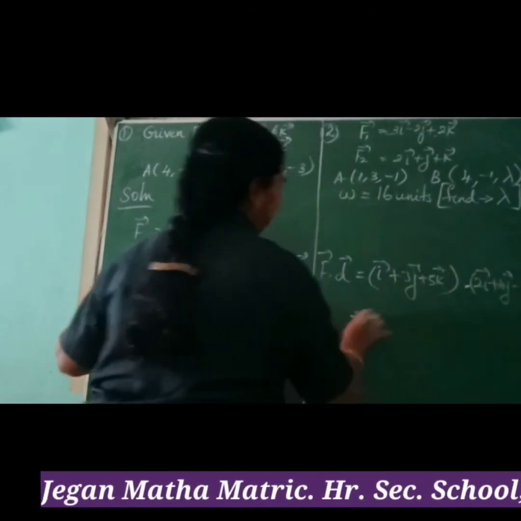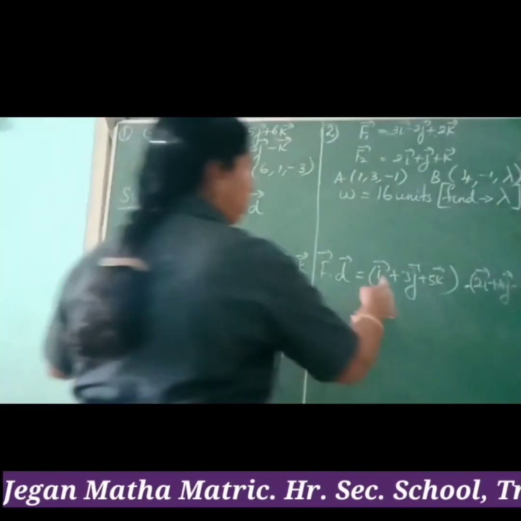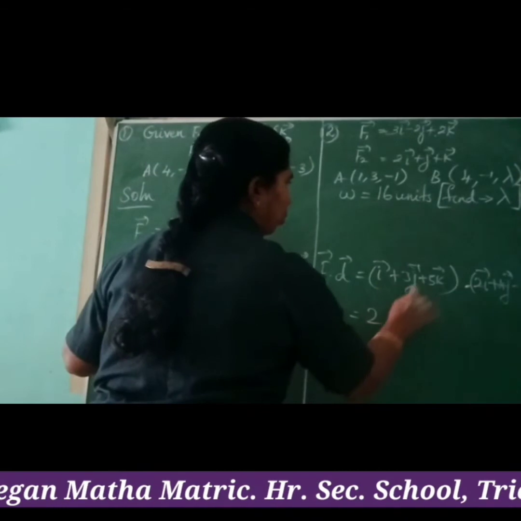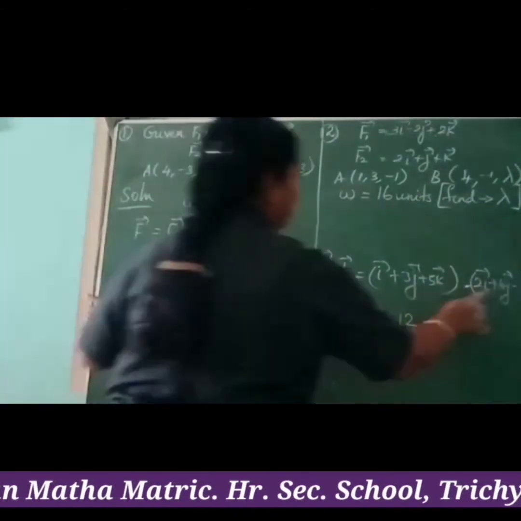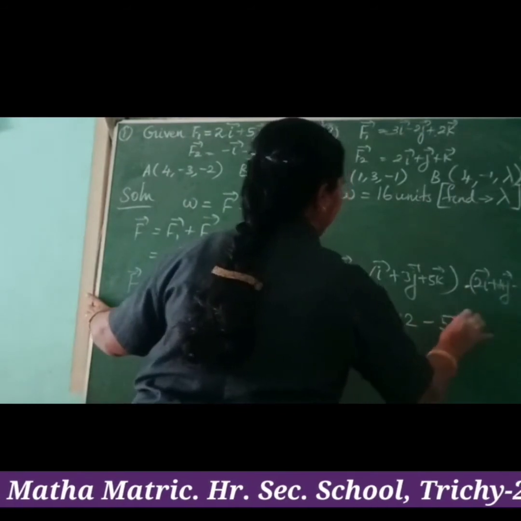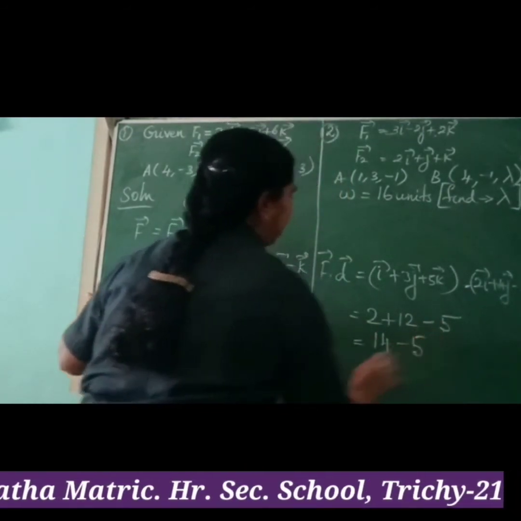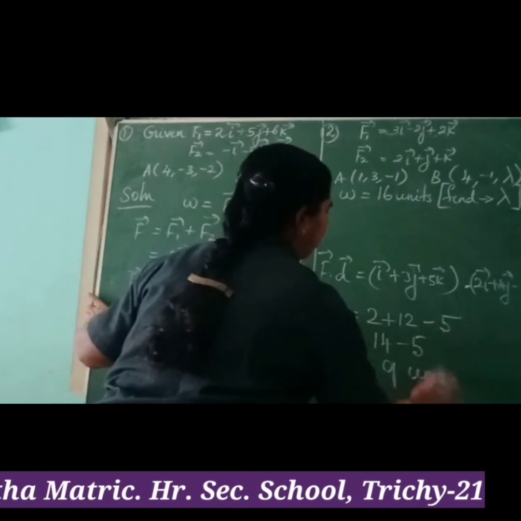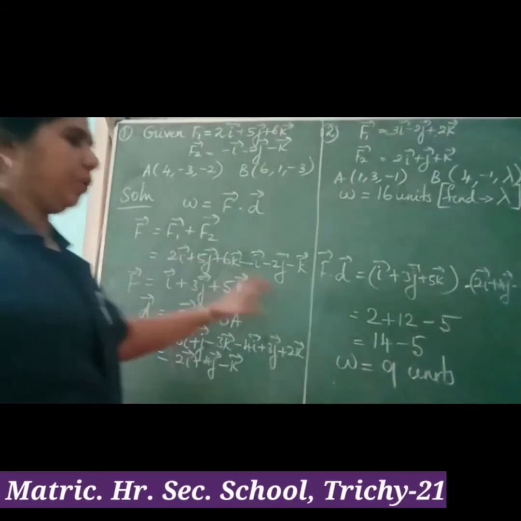So already we have studied dot product is always a scalar quantity. So we will get 2 plus 12 minus 5. That is 14 minus 5 equal to 9 units. So W equal to 9 units.